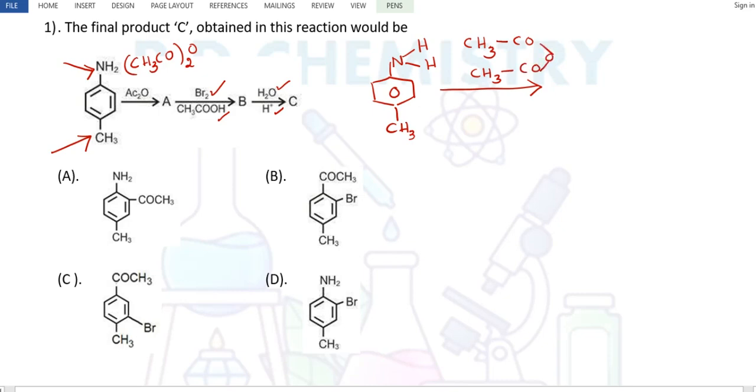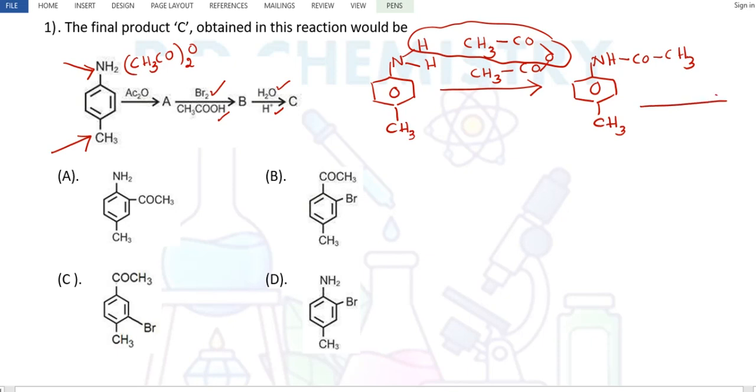Remove the side product acetic acid, CH3COOH. So remaining is the benzene ring with NH, then CO, then CH3. The amine group is protected now and becomes a bulkier group. Then at the para position CH3 is attached. This is the product here.